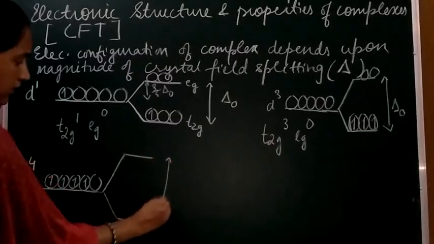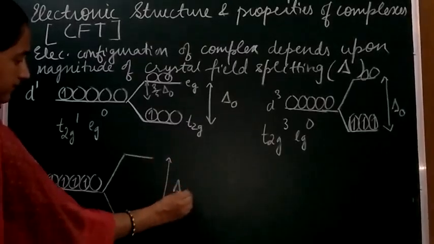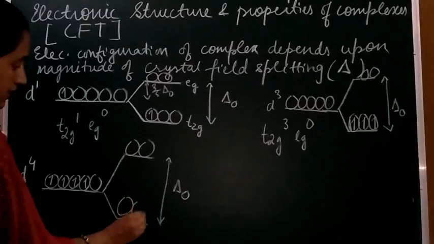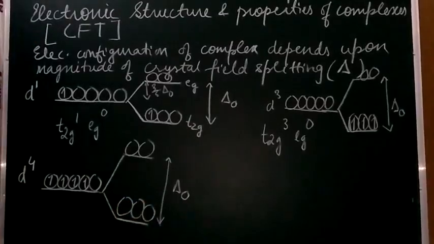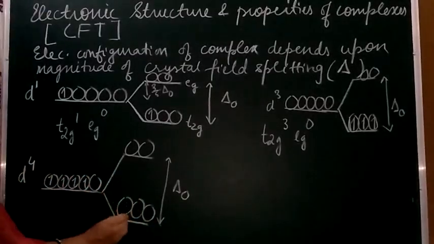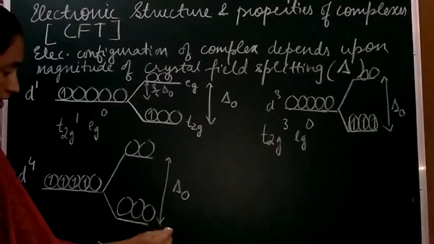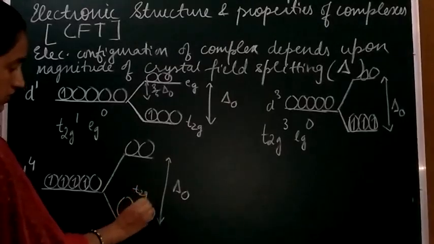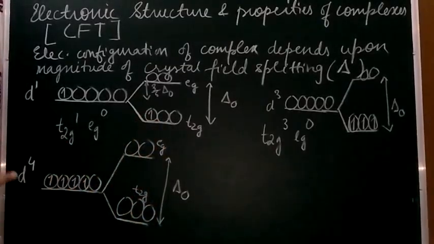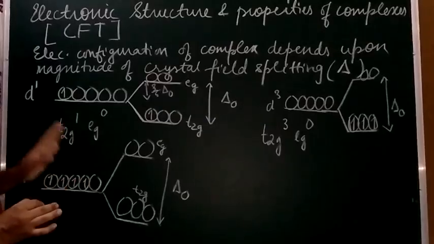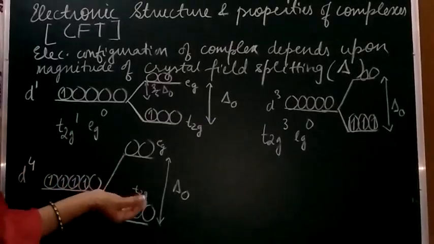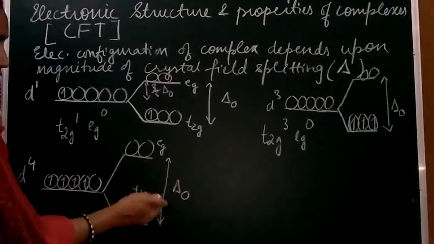This is delta naught, the crystal field splitting. Here we have 2 eg orbitals and 3 t2g orbitals. Students, just look carefully. Whenever you are drawing the diagram of CFT, you will always mention which set of orbitals is t2g and eg, and you will denote the crystal field splitting also.